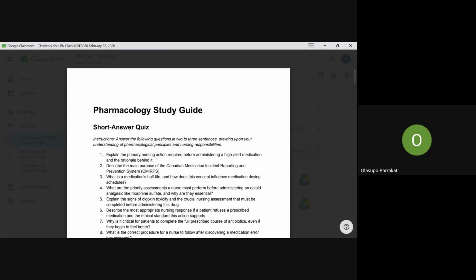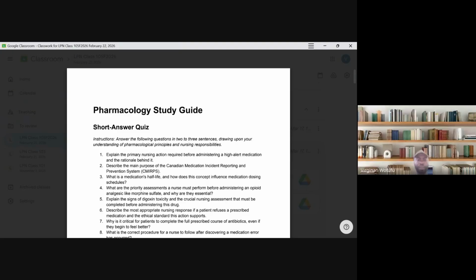Okay. So question 2 says, describe the main purpose of the Canadian medication incident reporting and prevention system. What is the main purpose of an incident report?